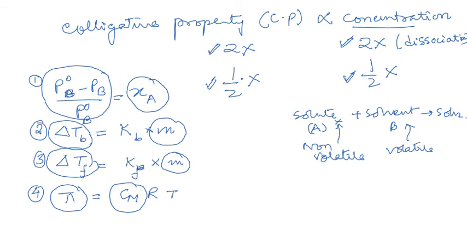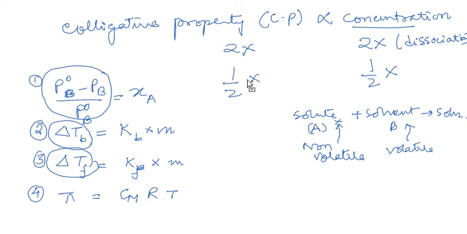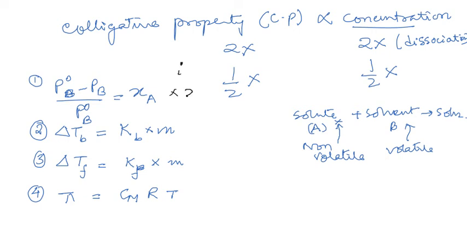Okay, now after understanding the Vant Hoff factor, what we understand is, depending on the type of the solute that we have considered, let's assume that if there is a dissociation and the Vant Hoff factor is 2, in that case this colligative property will increase by a factor of 2.